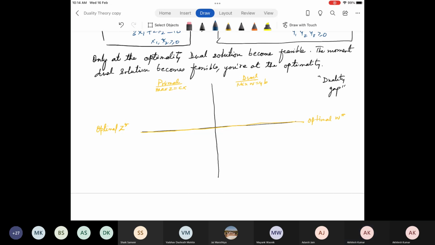Now at this point, let's say iteration 0, we start with G equals 0, right? When you try to solve the primal problem, because this is maximization, I will start from an inferior solution and try to reach an optimal solution. Likewise in dual, I will start again with an inferior solution, which, since I'm trying to minimize, is a higher value, and I will try to reach here, which is G star equals 36.